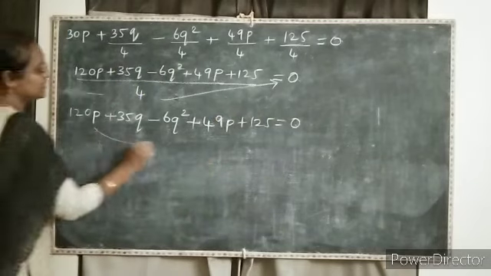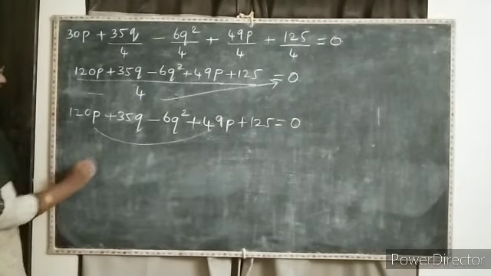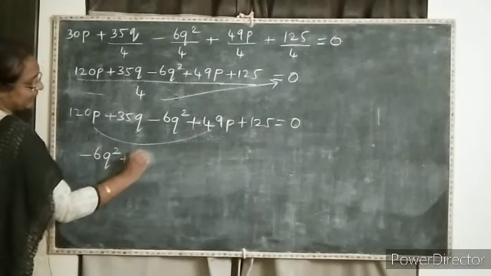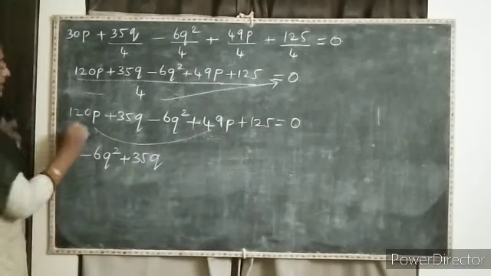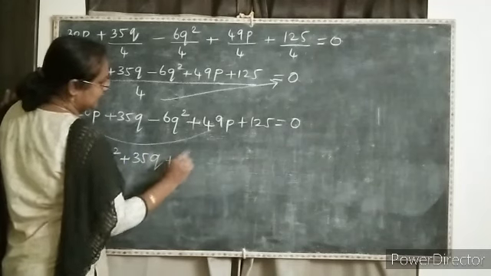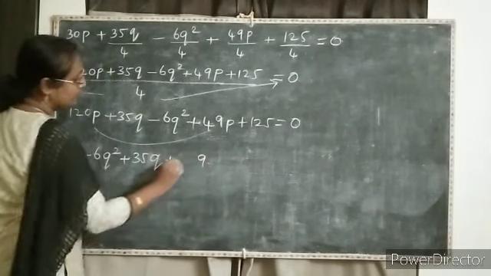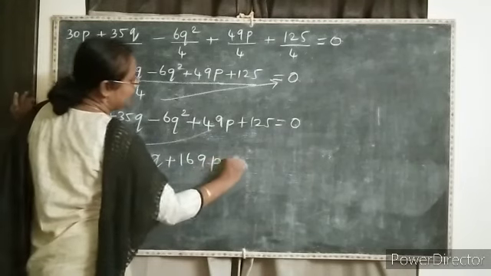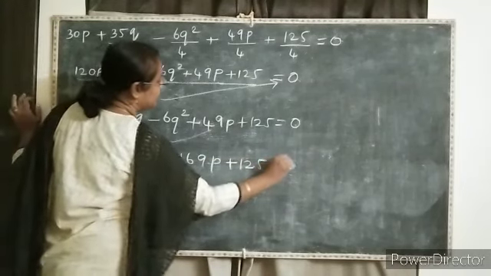Shall we add these two terms now? First segregate minus 6q squared plus 35q. Now 120p plus 49p gives 169p plus 125 equal to 0.